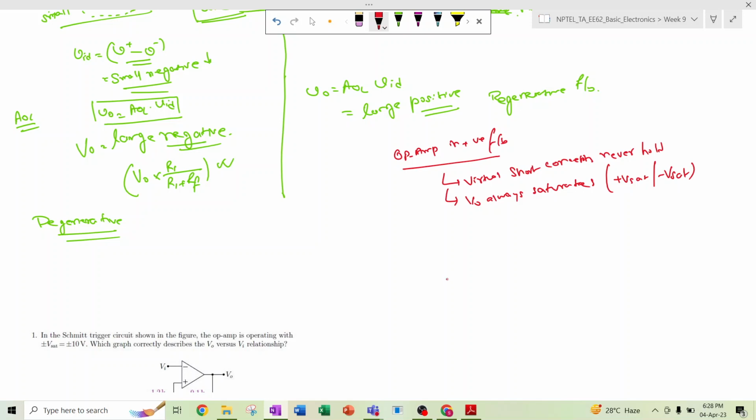So the similarity can be found like this. Suppose this is something, and we have a ball above this. This is the positive feedback condition of the op amp. Suppose there is some airflow that pushes the ball to here.